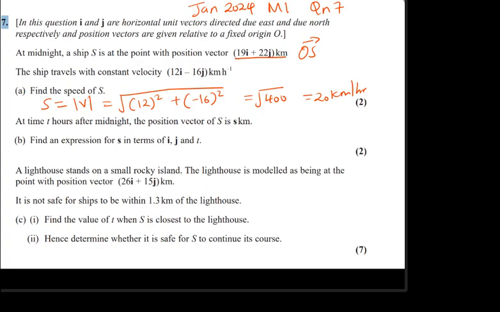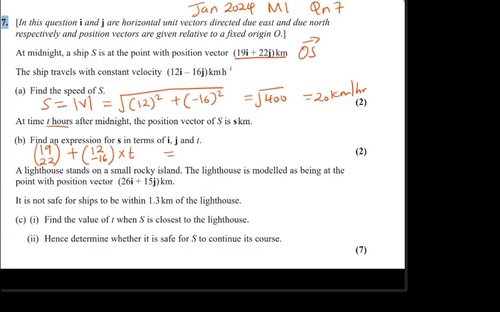Now at time t hours after midnight, the position vector of S is s kilometers. Find the expression for s in terms of i, j and t. Just know that initially the ship was at 19i plus 22j, and then after t hours the ship is going to displace, so we have our constant velocity, 12i minus 16j, multiplied by time.